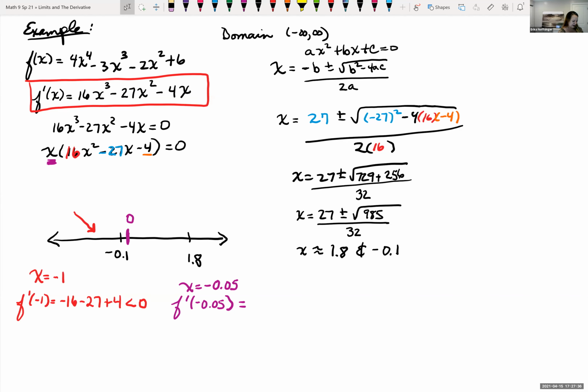Then I'm going to multiply that by 16. And then I'm going to take minus 27 times negative 0.05, and I'm going to square that. And then minus 4 times negative 0.05. I get a positive number if I do that.